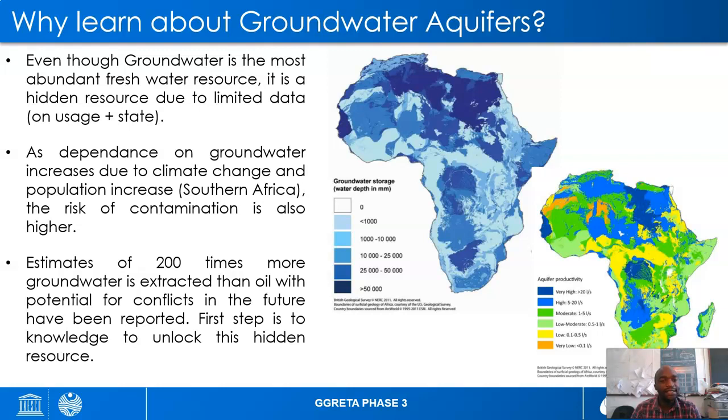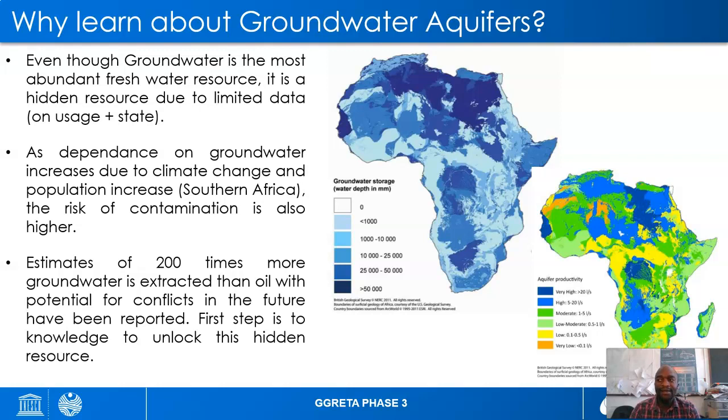However, we know that the dependency on groundwater is on the increase, owing to the fact that the world all over is going through elements of climate change and of course, climate variability. And then we've got a rapidly increasing population, not only in Southern Africa, but across Sub-Saharan Africa, which is obviously posing a risk of contamination of this resource.